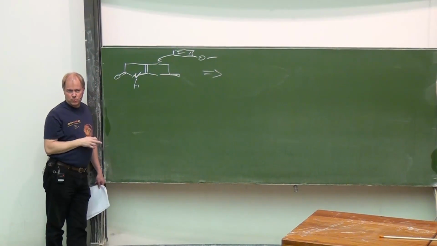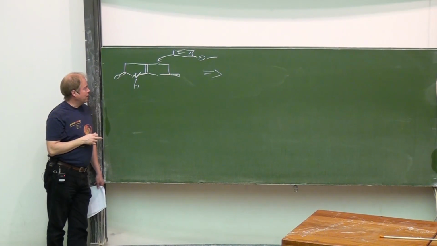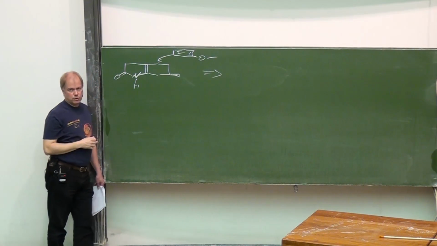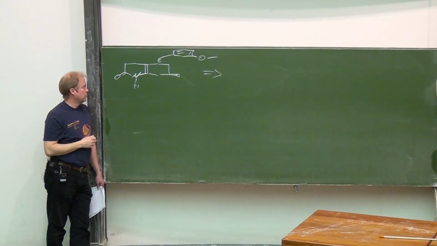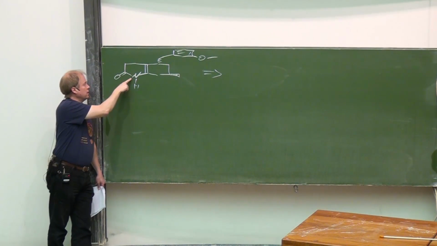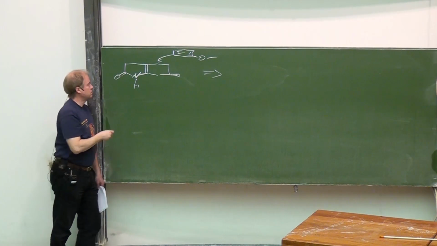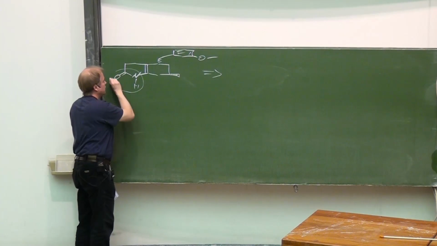You wouldn't mind about that. On the other hand, of course, these functional groups here are the most reactive in the molecule. So we should identify what we have here. Certainly a cyclic carboxylic amide. So here we have the amide.